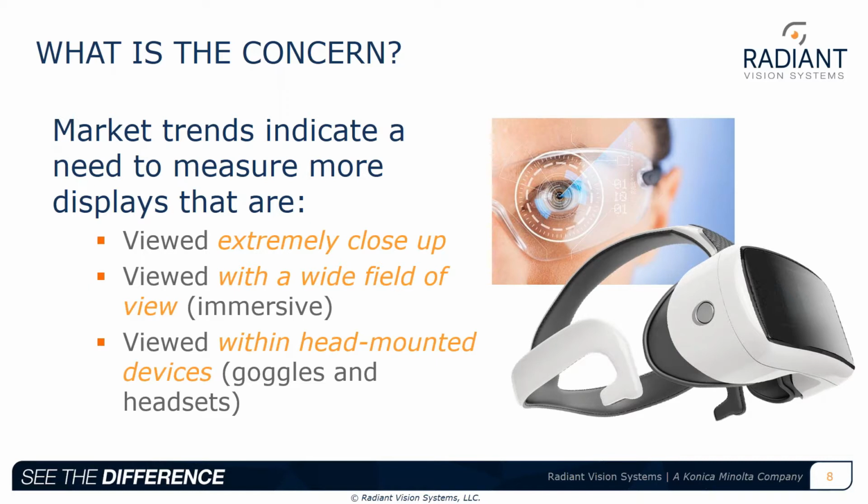These devices tend to have an extremely wide field of view to attempt to replicate a scene that would be presented to a human. They are also viewed within a head-mounted device, so there may be some mechanical interference associated with the goggles themselves.